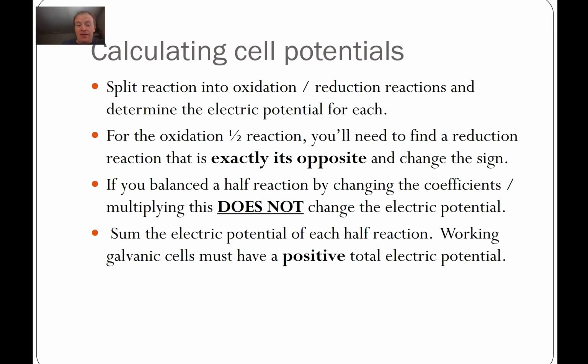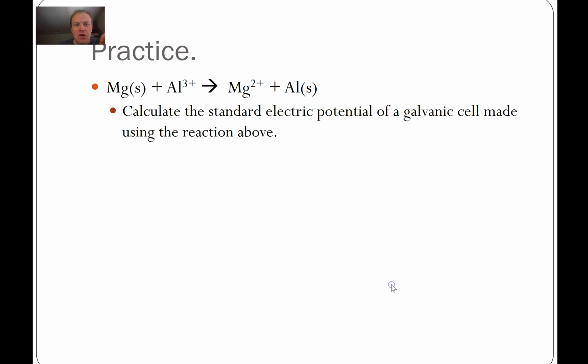And then you just add them. If it's a galvanic cell that's actually functioning, when you add the potentials of the two half reactions, it must be positive. If you don't get a positive answer, either it's not an actual functioning galvanic cell, the electrons are going the opposite way that you think they are, or you've done something wrong. If it is an actual functioning voltaic cell with a spontaneous reaction, it should have a positive total electric potential.